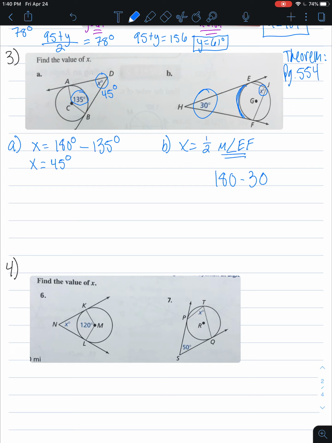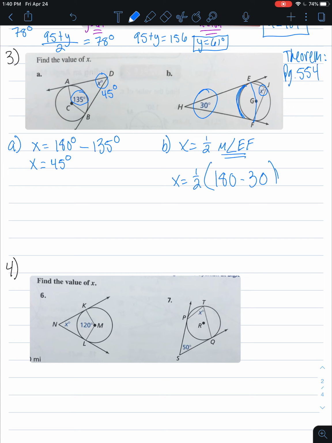Okay, that's applying the circumscribed angle theorem, because this right here, we know that is the same as EF. And then that theorem says we can do 180 minus 30.